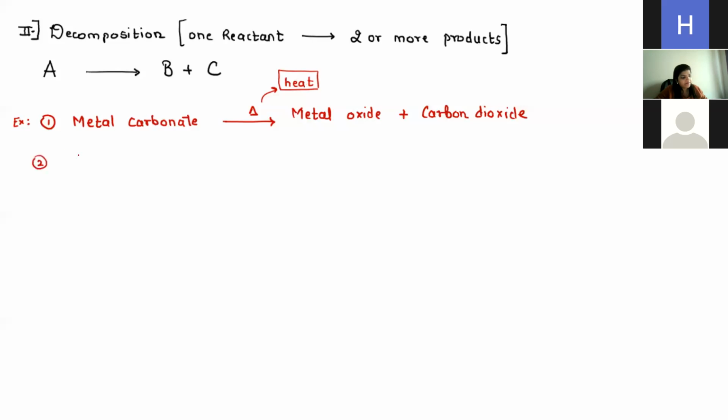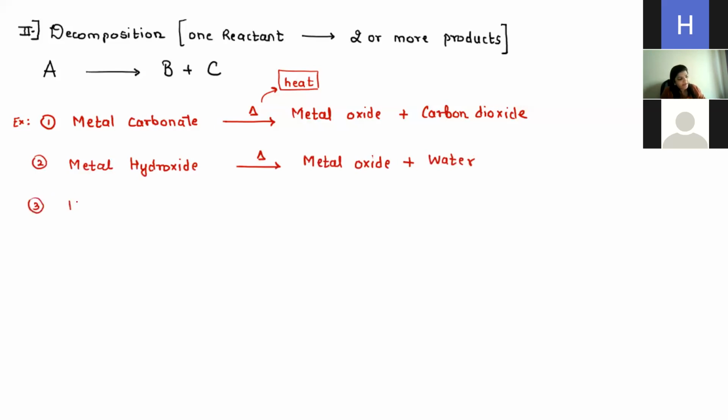Second example, if we have metal hydroxide, on heating it will give you metal oxide plus water.